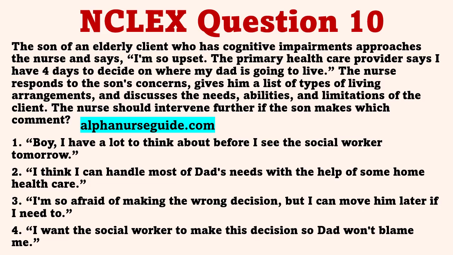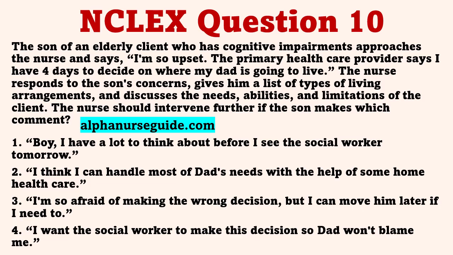The nurse should intervene further if the son makes which comment. 1. "Boy, I have a lot to think about before I see the social worker tomorrow." 2. "I think I can handle most of Dad's needs with the help of some home health care." 3. "I'm so afraid of making the wrong decision, but I can move him later if I need to." 4. "I want the social worker to make this decision so Dad won't blame me."